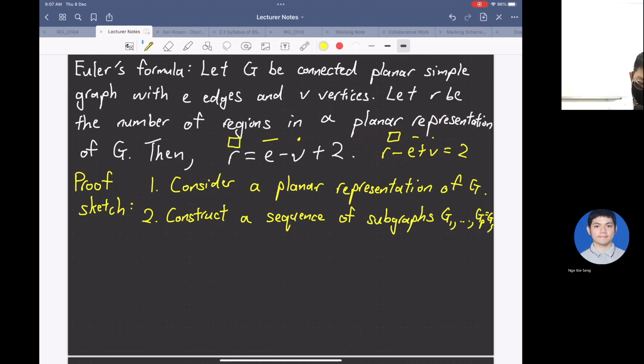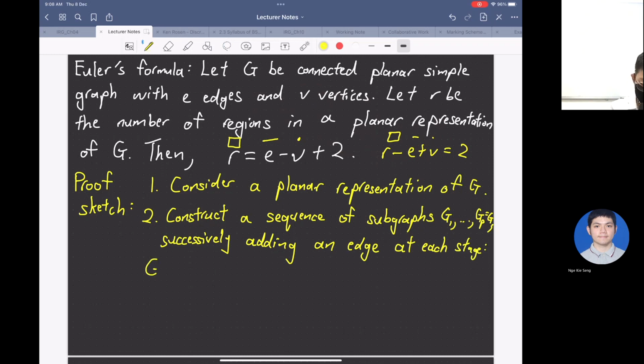So what we do is successively add an edge at each step.